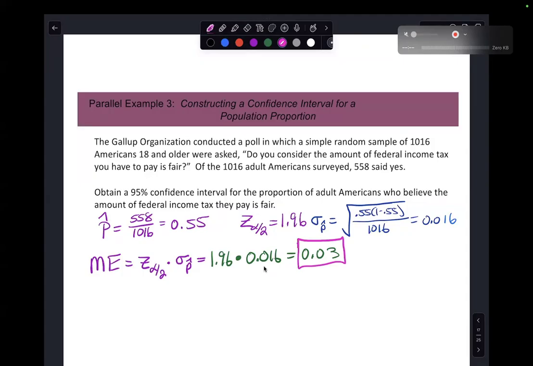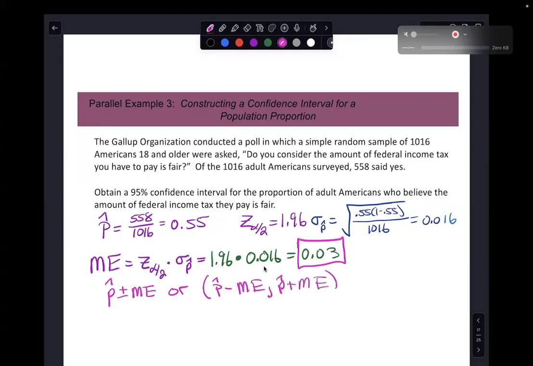So two different ways I can write it. Remember, we either write it as p hat plus or minus my margin of error, or we do a parenthesis with p hat minus margin of error, comma, p hat plus margin of error.